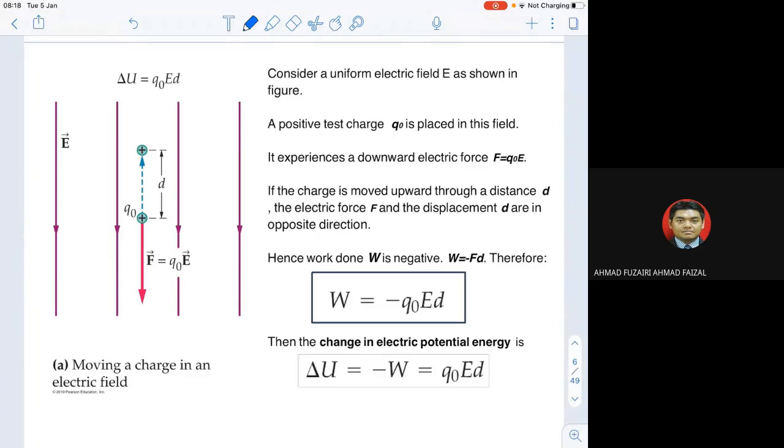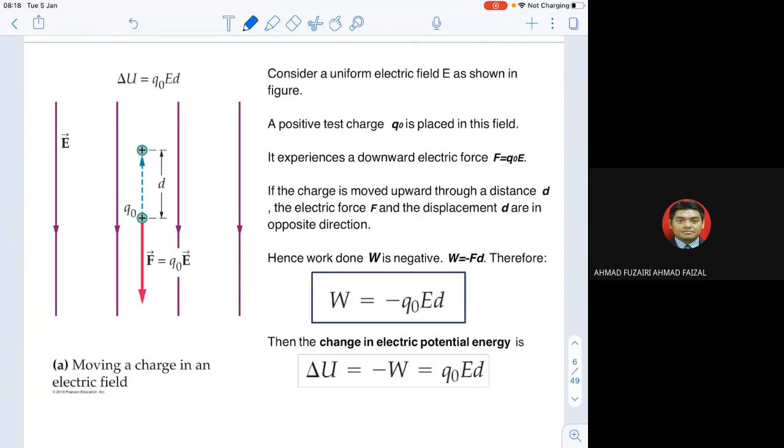Obviously, the positive test charge will have a force in the same direction, parallel to the electric field. Remember, the force on a positive charge follows the electric field.